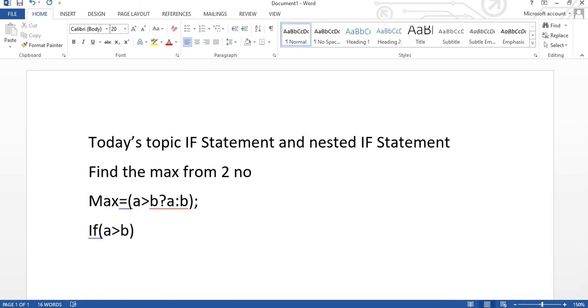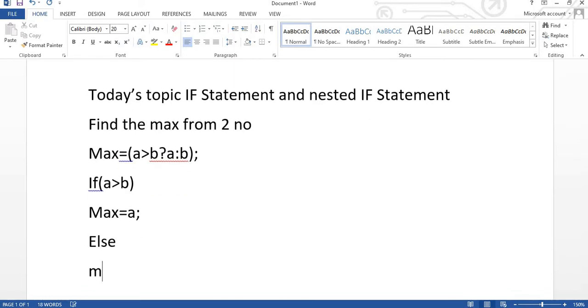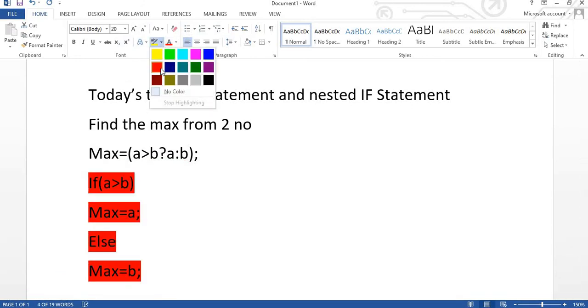Next line I will write max is equal to a, else max is equal to b. So what is the difference between this four lines and this single line? I'm making the background something different so you can understand the entire thing.